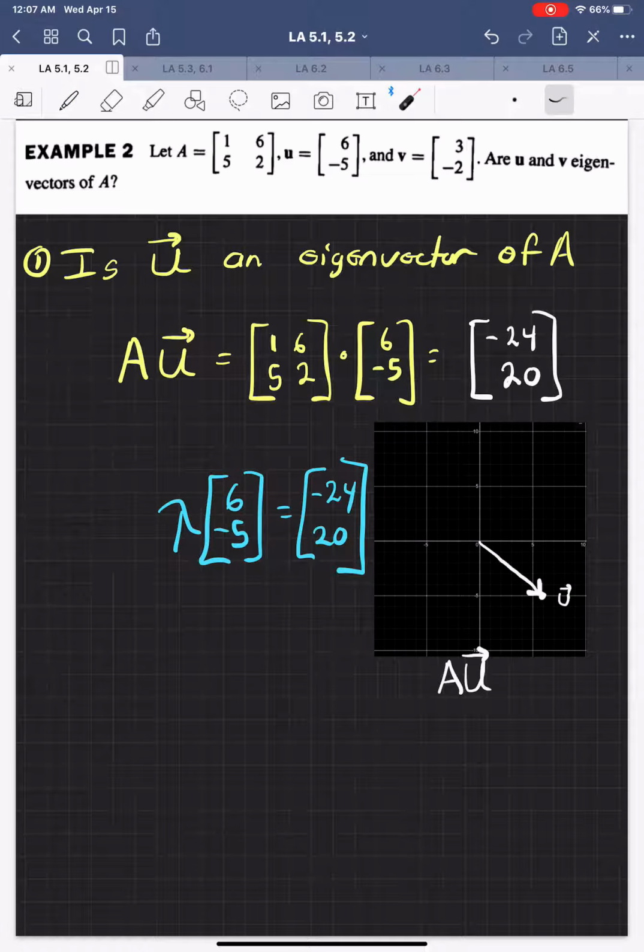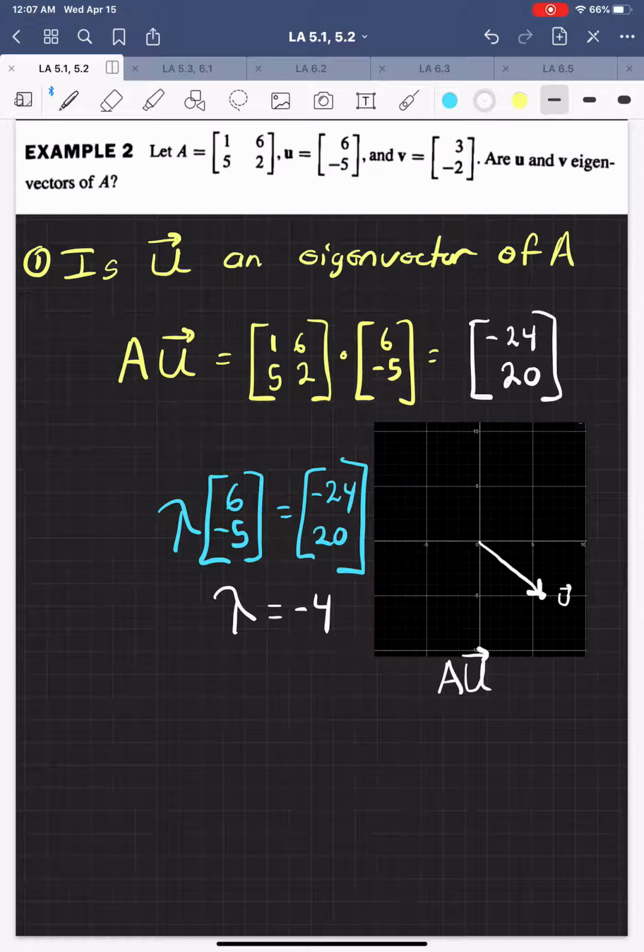So hopefully you're with me that if you chose negative 4, then negative 4 times 6 is negative 24, and negative 4 times negative 5 is positive 20. So there is a scalar that will work, which is negative 4.